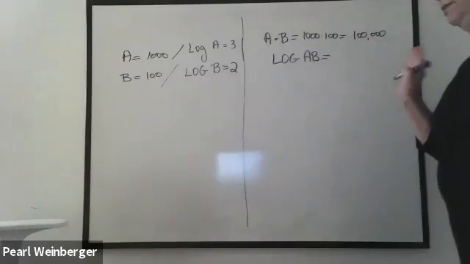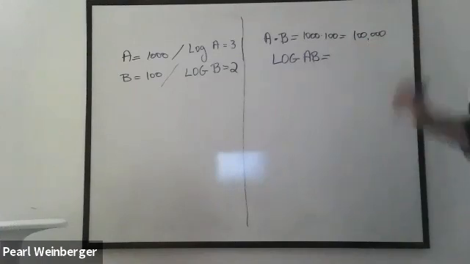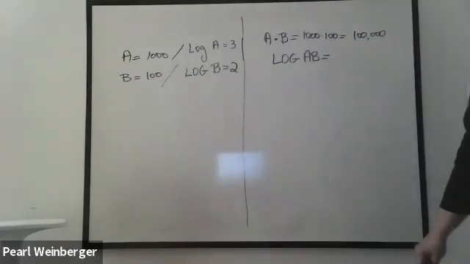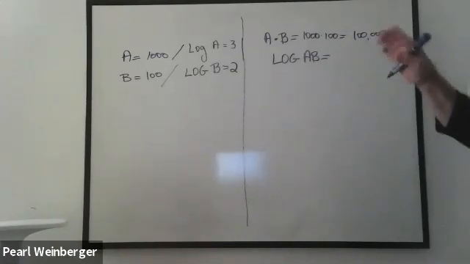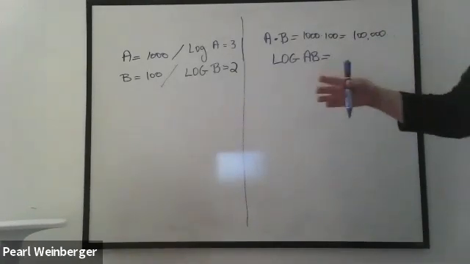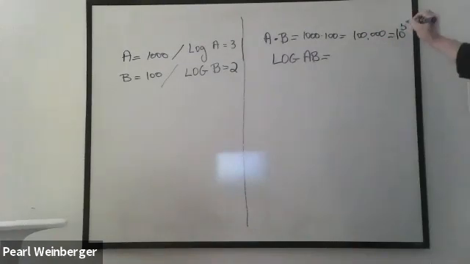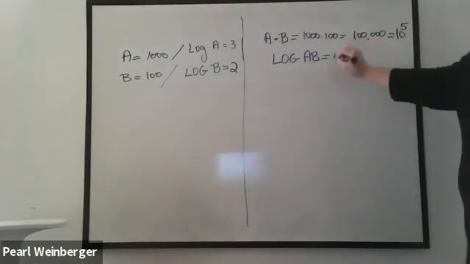Again, we're doing everything base 10, which means I'm asking you, what's the log of 100,000? How many times must I multiply 10? What exponent should I put to 10 in order to get to 100,000? You probably learned this in elementary school: all you have to do is count the zeros. There are 5 zeros here, so that means it's 10 to the 5th power. So obviously the log is equal to 5.